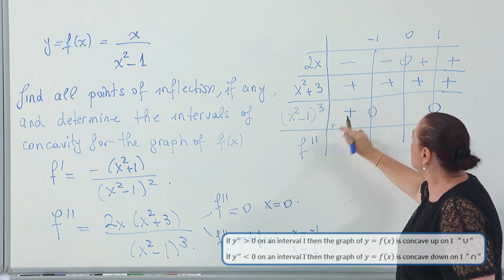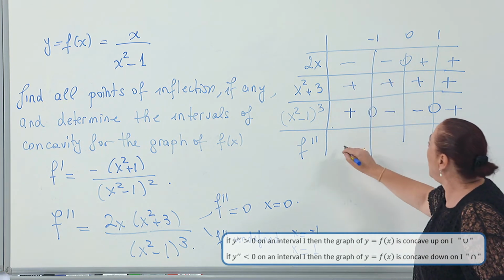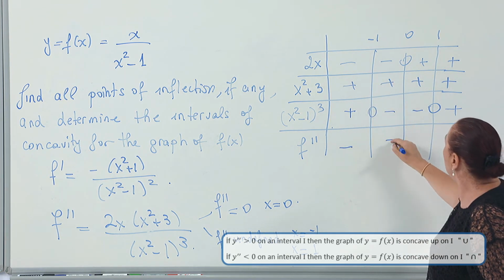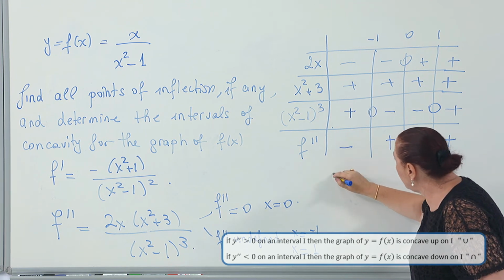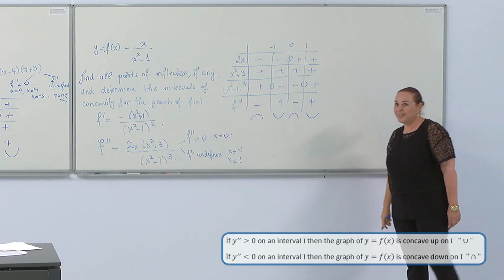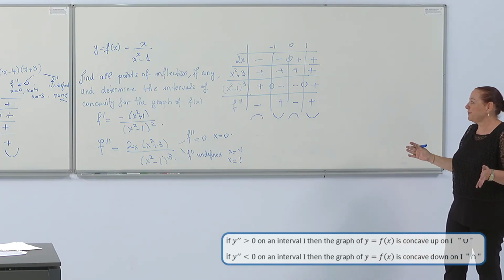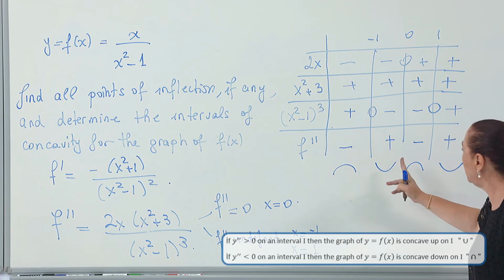It's going to be positive if x is less than minus 1, negative between minus 1 and 1, and positive if it is greater than 1. So I have a negative here, a positive here, negative here, positive here: concave down, concave up, concave down, concave up.